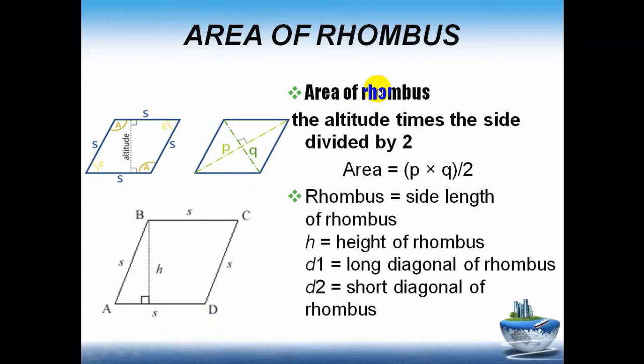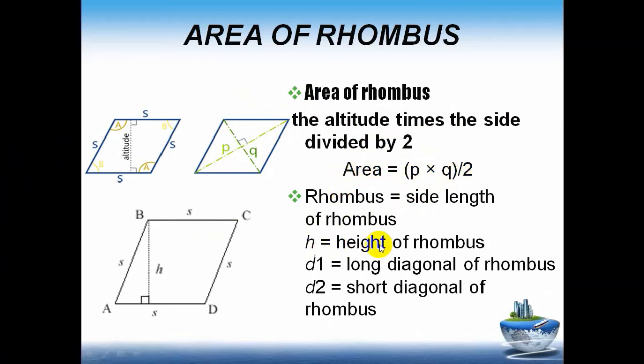Area is equal to P multiplied by Q divided by 2, where S is the side length of the rhombus. P and Q are the lengths of the diagonals in a rhombus. So P multiplied by Q divided by 2 is the area.